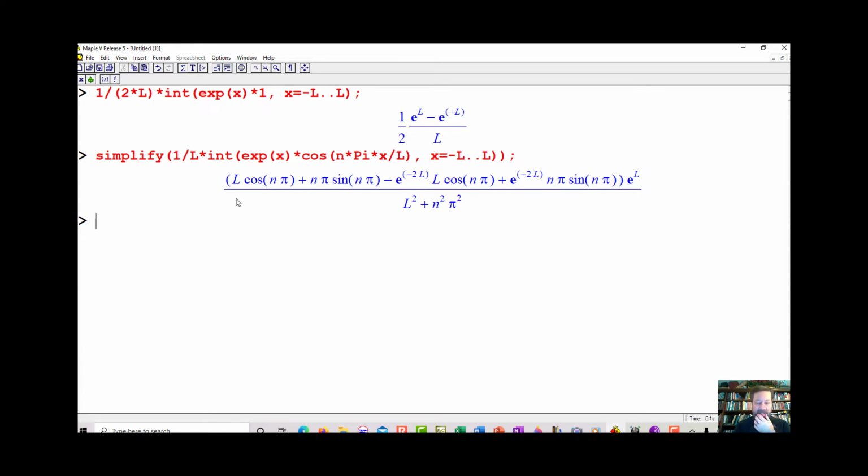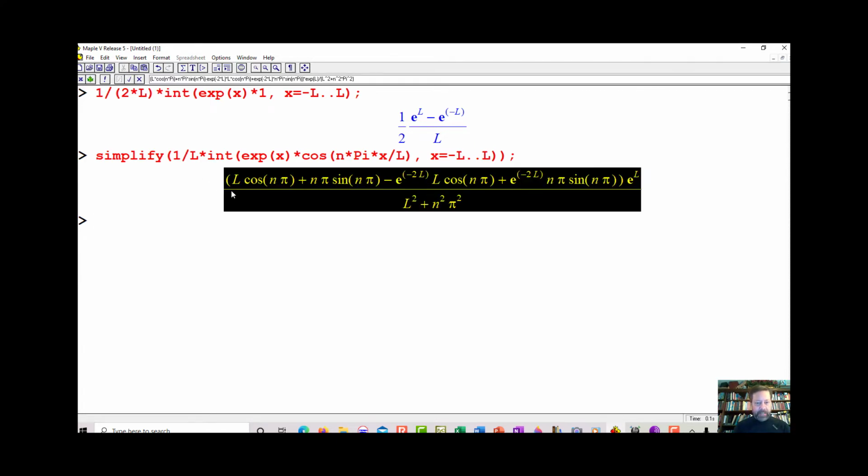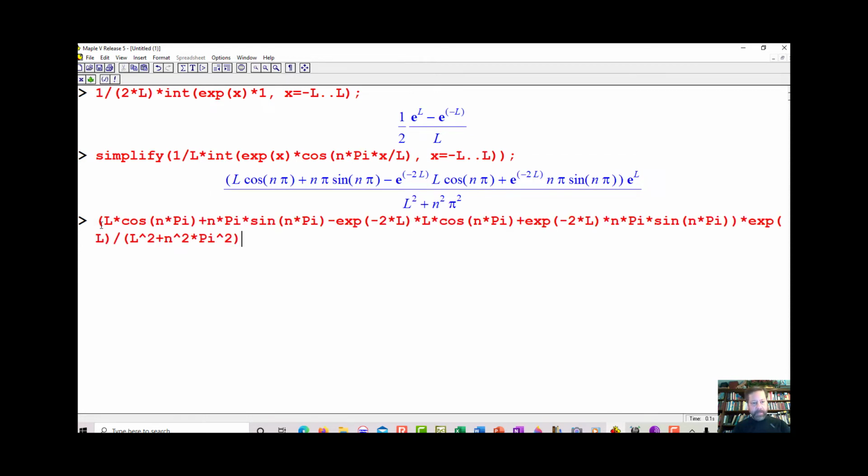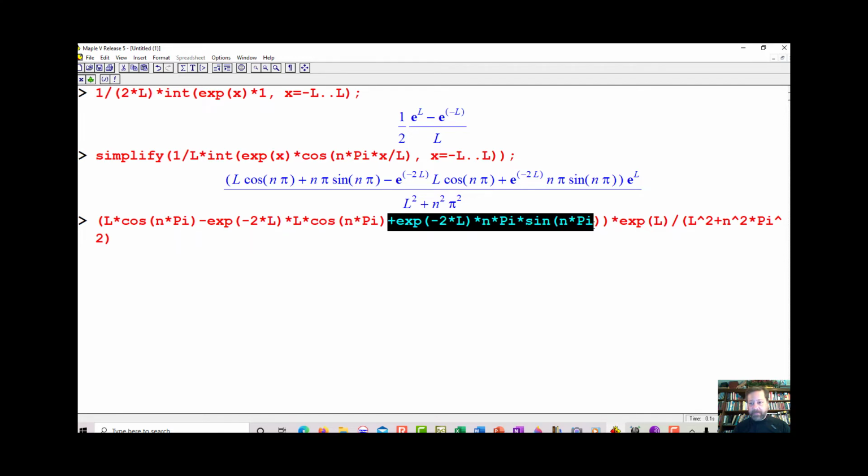Now, Maple isn't quite so smart unless we make certain assumptions or specifications to tell it so. It doesn't know that sine of n pi is 0. We haven't told it that n is an integer. So this term should go away entirely. Same thing with this term, which is multiplied by sine of n pi. That term should disappear from this plane.